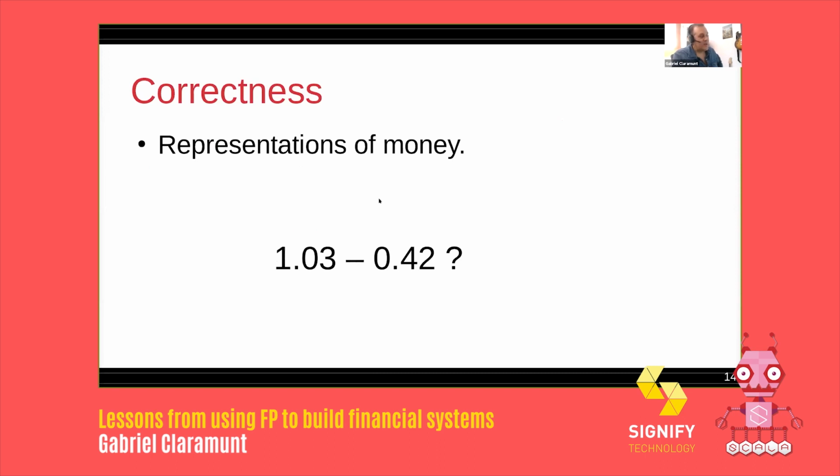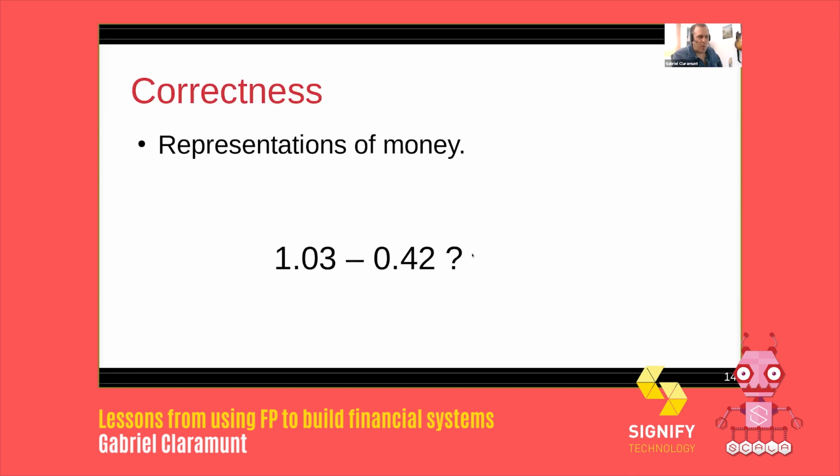I mean, you can say, okay, float is a very bad idea. It's only, I don't know, I think at this point it's like 32 bytes, or depends on your infrastructure. Let's use double, but even with double, you run into problems. This is a very simple calculation, right? 1.03 minus 0.42.